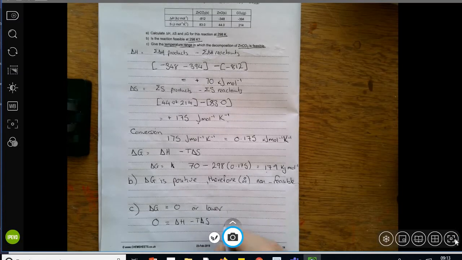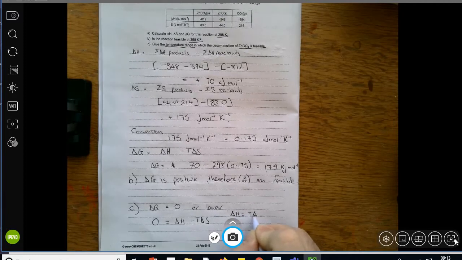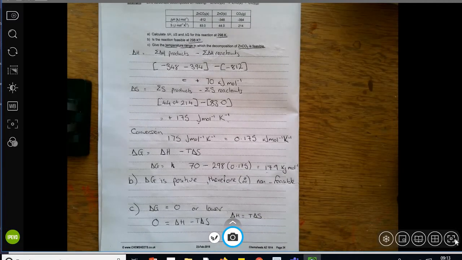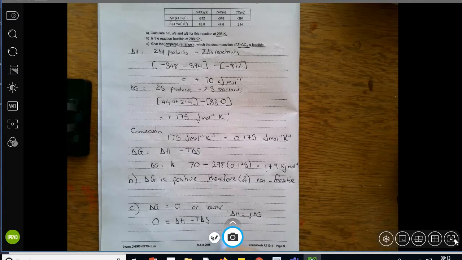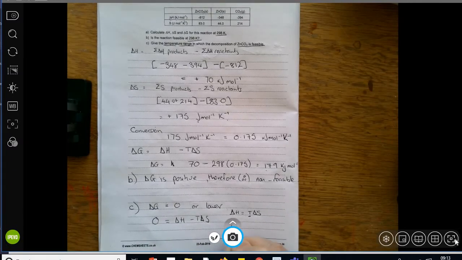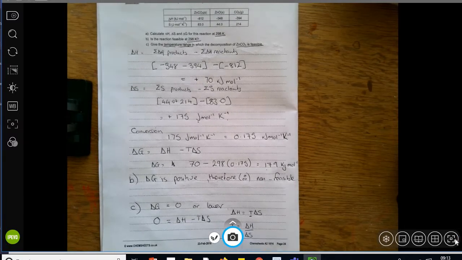So I can rearrange that formula to delta H equals T delta S. You can then rearrange it to work out the temperature which would be feasible. So T is equal to delta H divided by delta S.